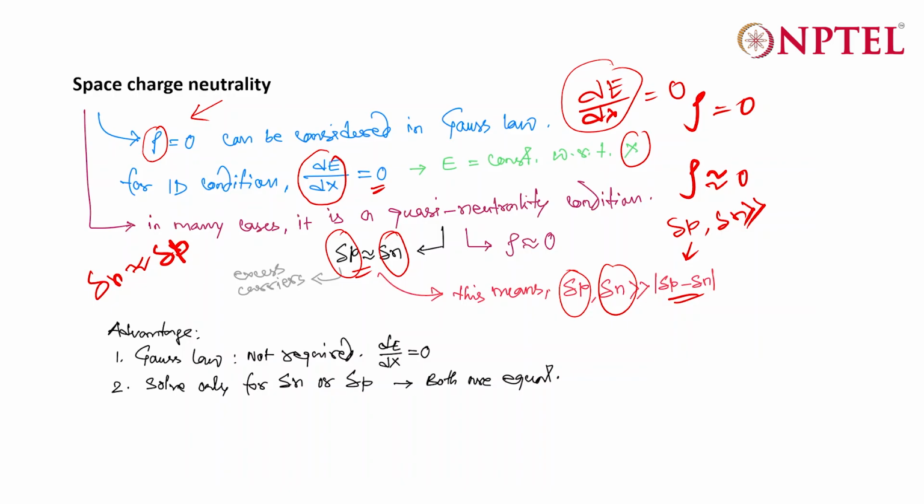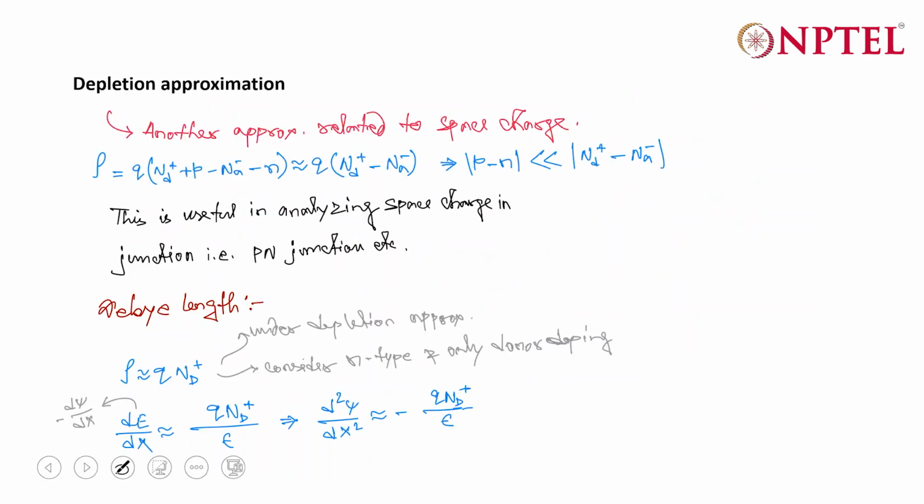So the effective equations that you need to solve will further reduce to 2, because you don't solve the Gauss law equation, and out of the remaining 4 equations you only solve a pair, either for del n or del p. So effectively you are solving only 2 equations in the device analysis. This is one of the advantages that you get once you consider space charge neutrality.